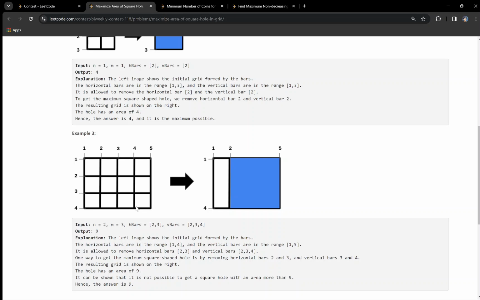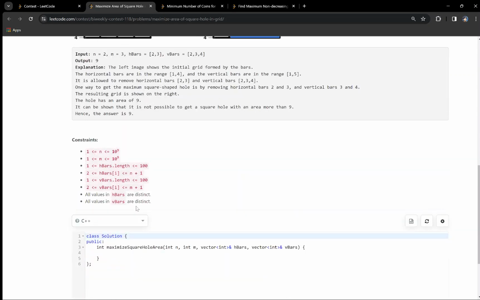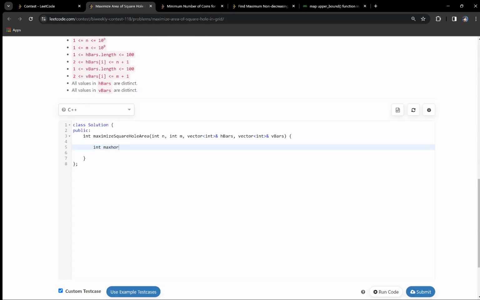So at each position we can find which is the next bar, which is the vertical, and which is the right bar, which is the vertical. After that we can take their multiplication, like for 3 into 2. Max var is equal to 0, max var.